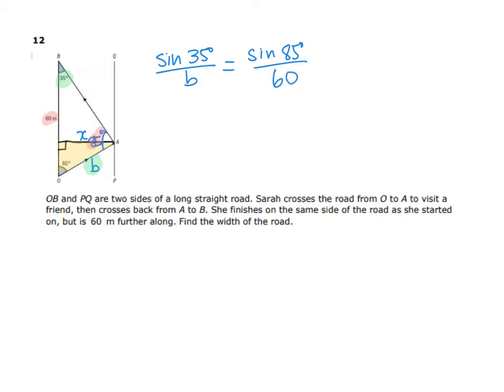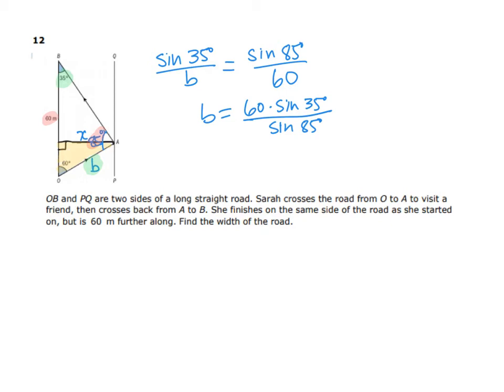I should have made this bigger so we could read it. Okay, so we would cross multiply and solve, and I'm not even going to calculate it because I want an exact value anyway, so B would be equal to the product of 60 and the sine of 35, all divided by the sine of 85. So that is just cross multiply and divide.